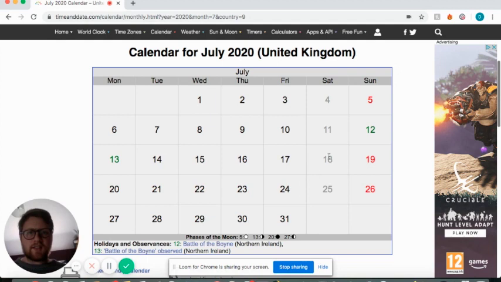So the third Saturday of this month is the 18th. You can see the number 18 in the third Saturday of this month. So the date is the 18th of July. Saturday, the 18th of July is the full date.